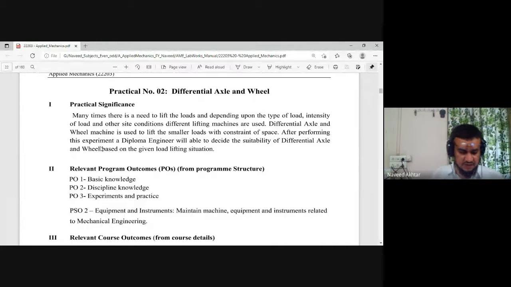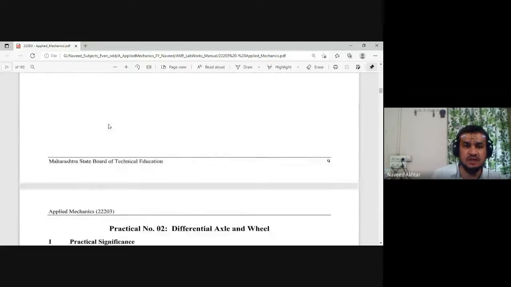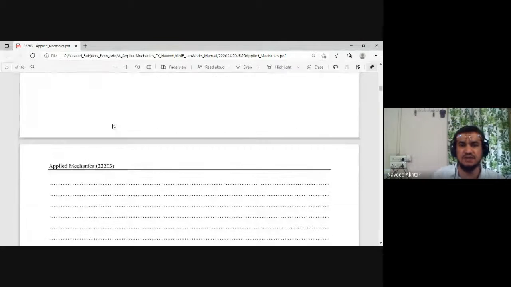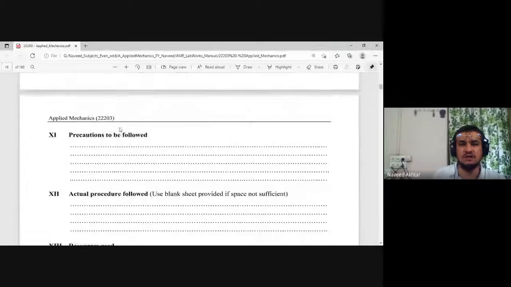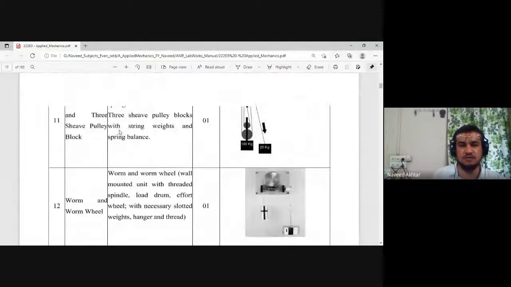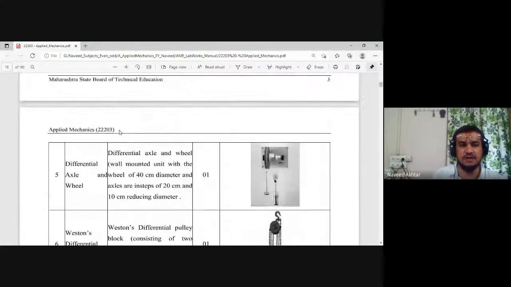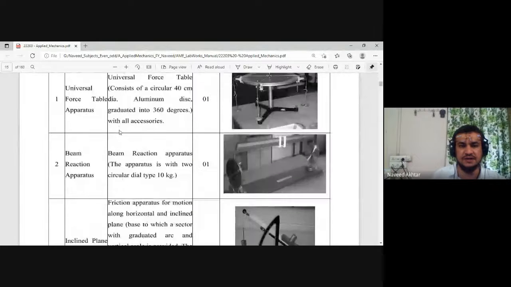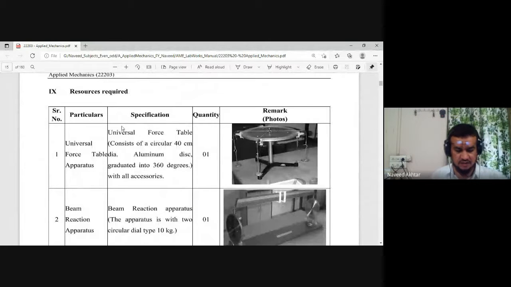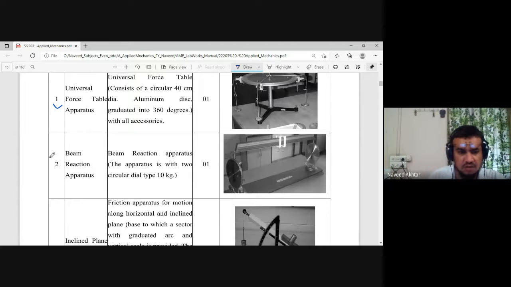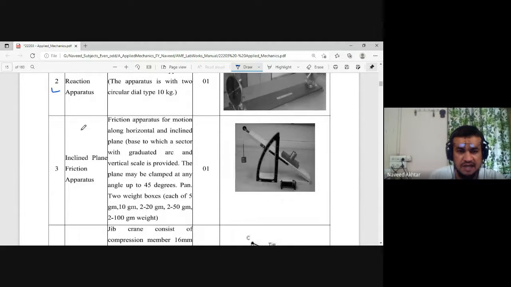Now, previously we have seen the practical. In the previous practical, we have seen the various types of machines in the laboratory, that is the visit to the laboratory. And in our college laboratory, these instruments are available in the mechanics lab.